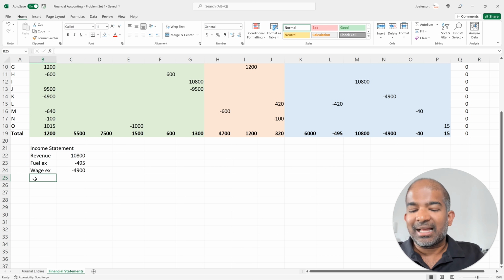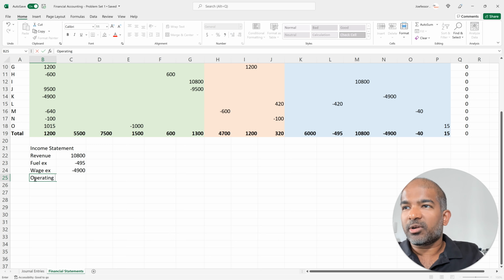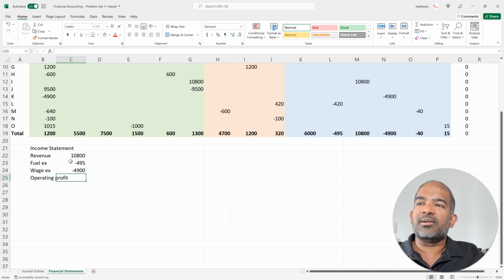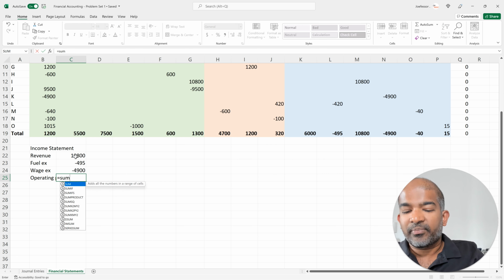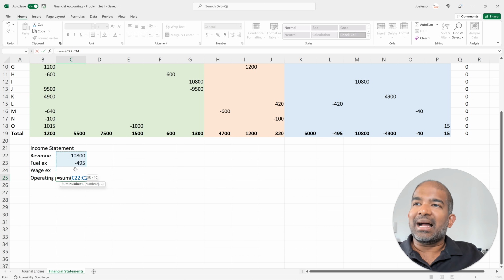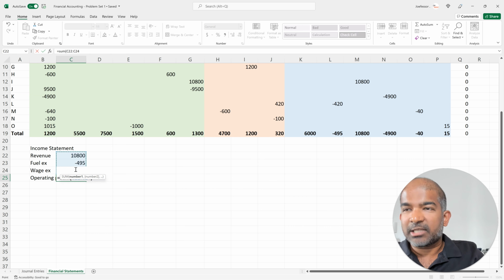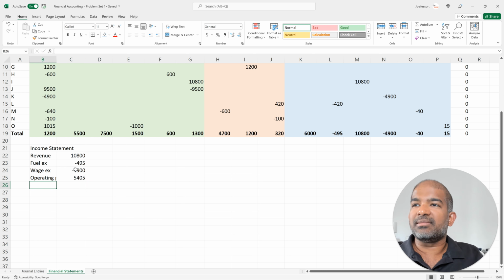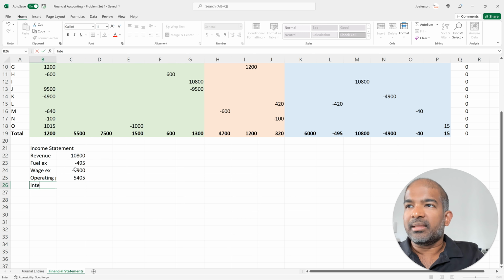Then we can have operating profit before we subtract or add our interest revenue and interest expenses. I just have to add these numbers now because my expenses are already marked with a negative sign.